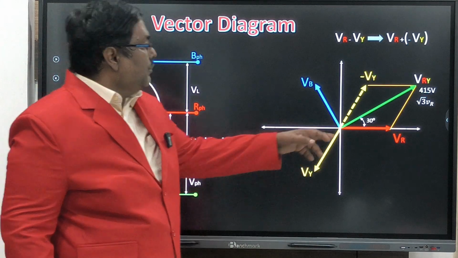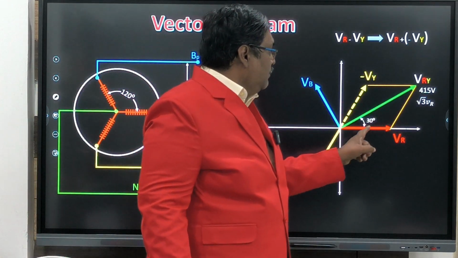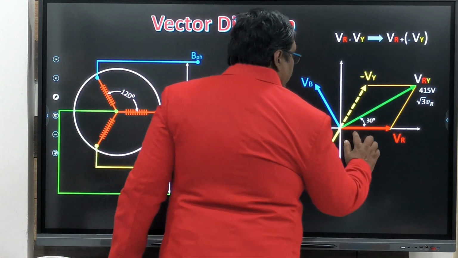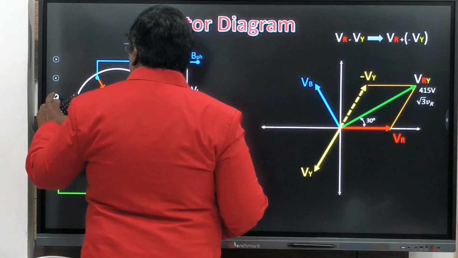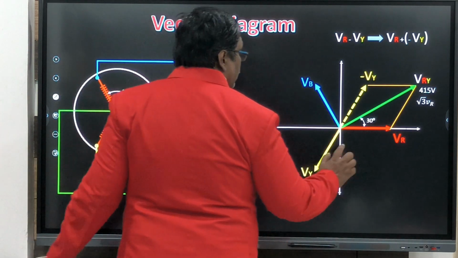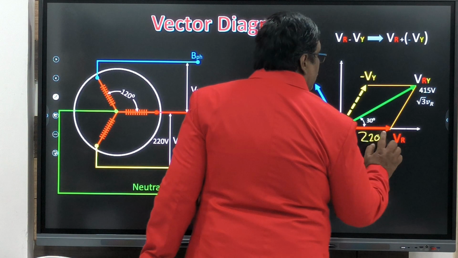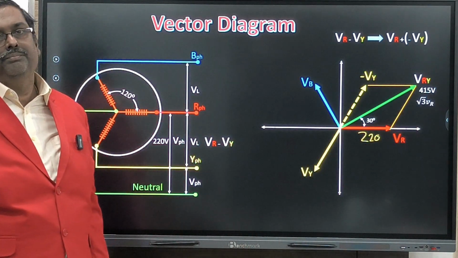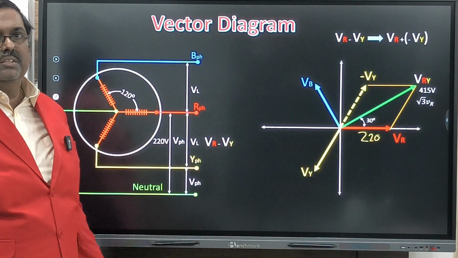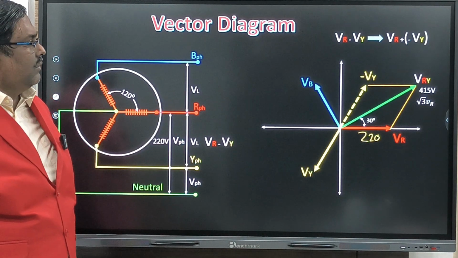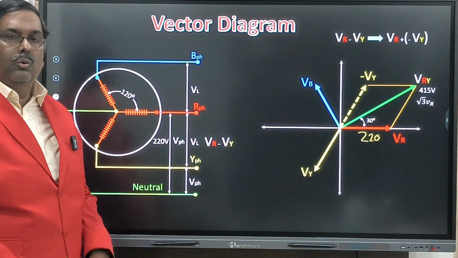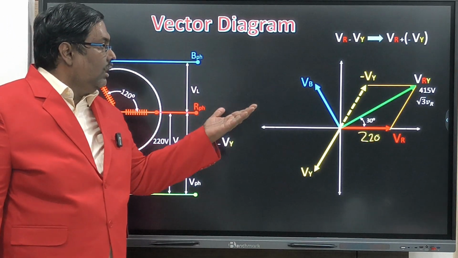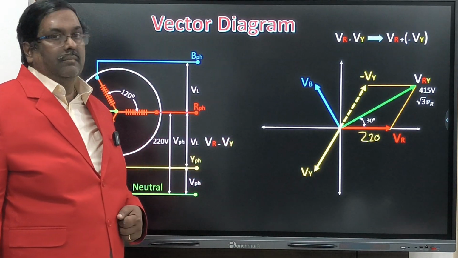Okay, so now you see here 415. The relation between 220 and 415 is root 3, 1.732. That's our mathematical calculation. There is a procedure, a method to calculate that. So you can simply use root 3 VR.